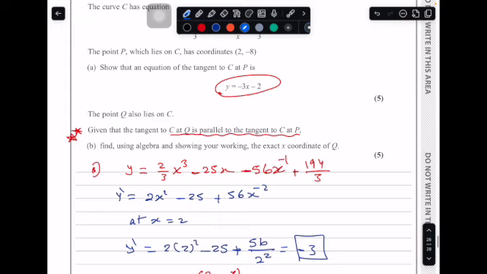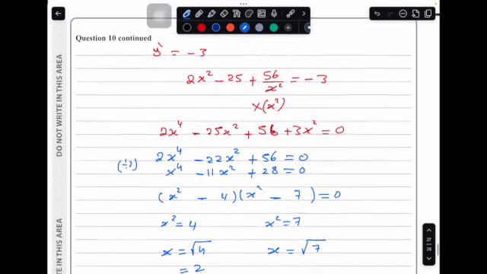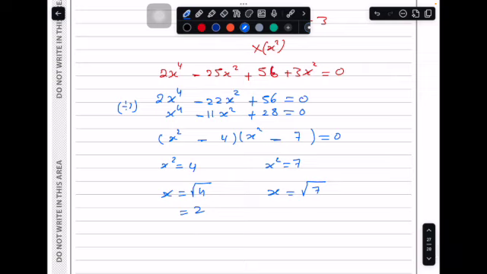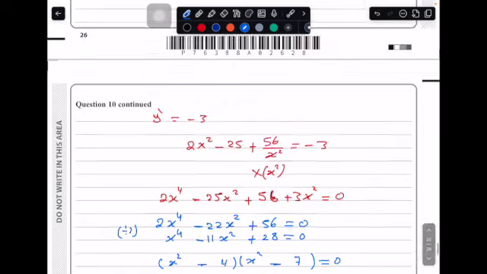Why is root 7 the only one? Because at x equals 2, this is at the point P. So at x equals root 7, this is at the point Q. You have to make it clear that this is the only answer.